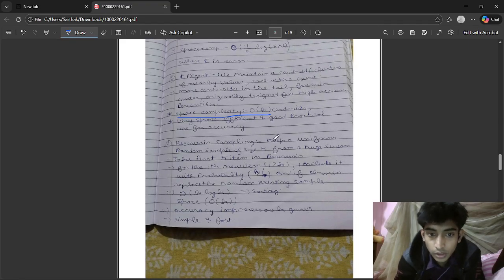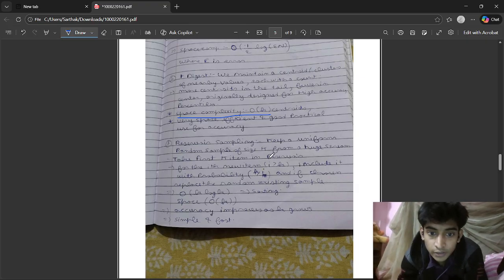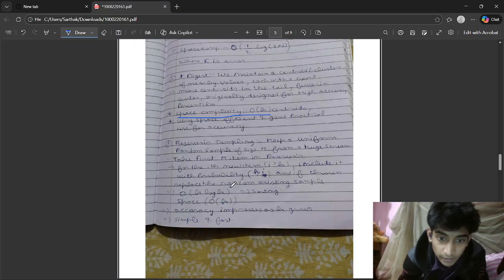Then we have reservoir sampling, in which we keep a uniform random sample of size k from a huge stream. What we do is we take the first k items into the reservoir, and for the ith new item, where i is greater than k, we include it with a probability. We calculate the probability of that new item, which is k by i, and if chosen, we replace a random existing sample.